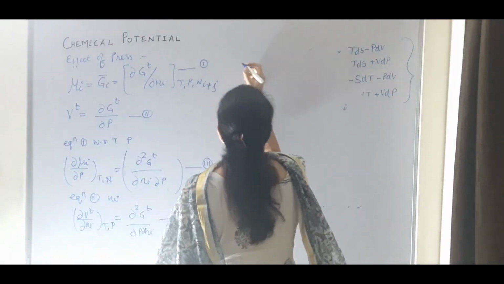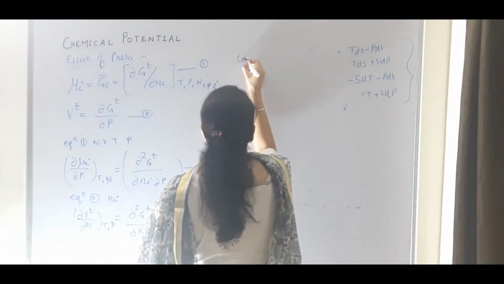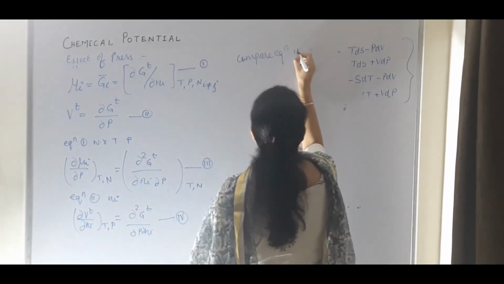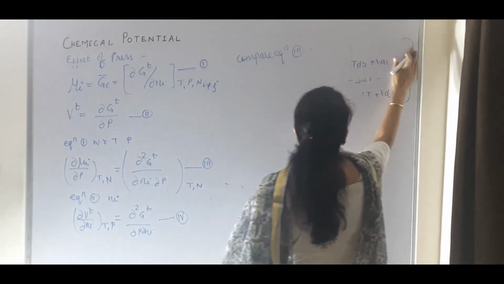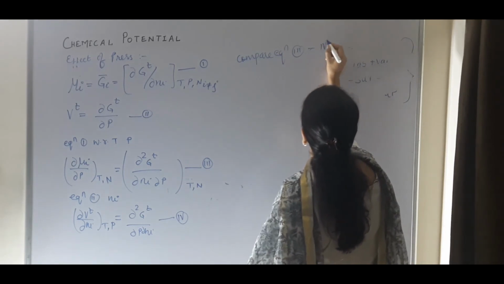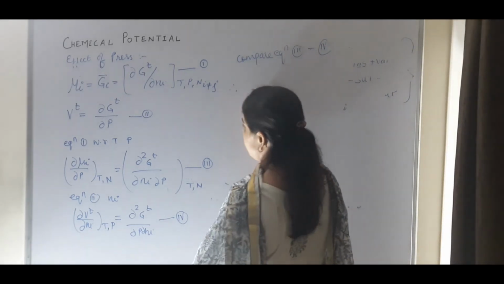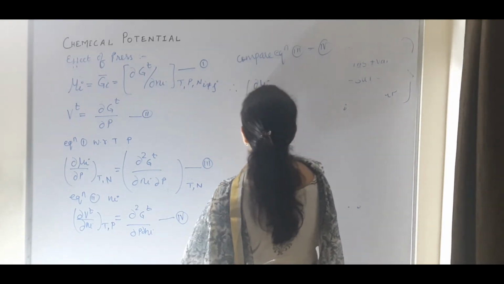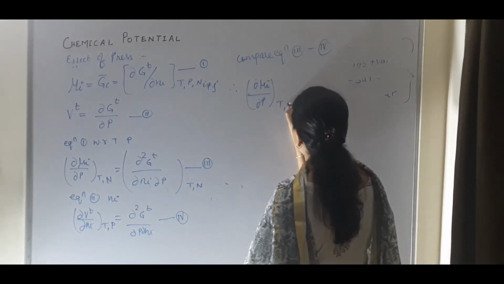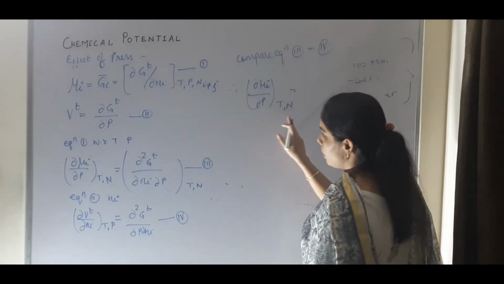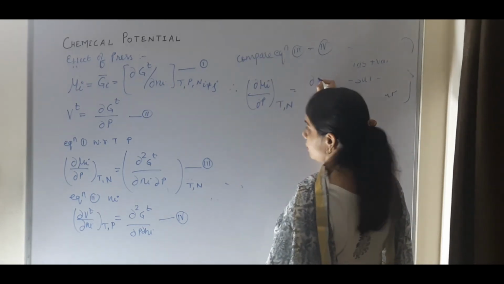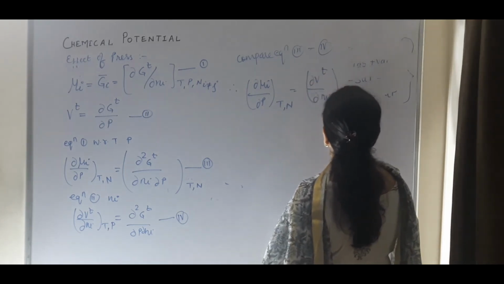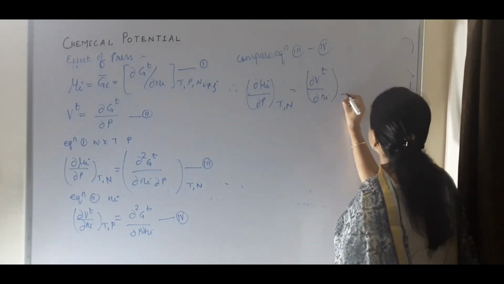So after comparing equation number 3 and equation number 4, what we get is ∂μ_i upon ∂P is equal to ∂V_t upon ∂n_i at constant temperature and pressure.